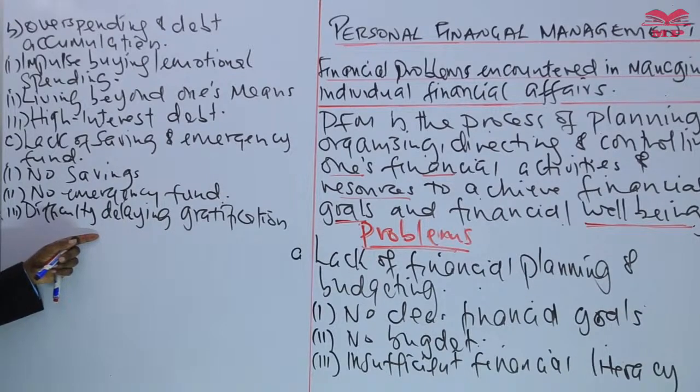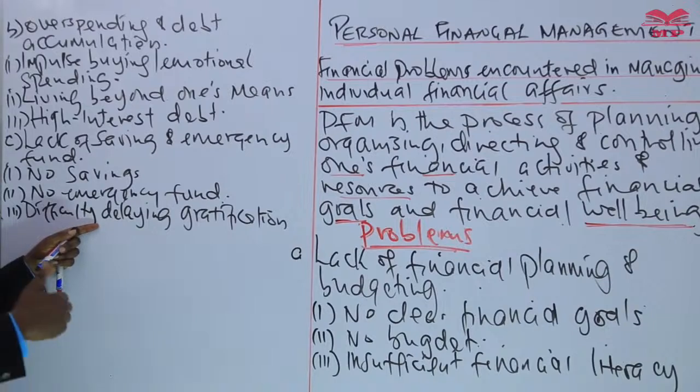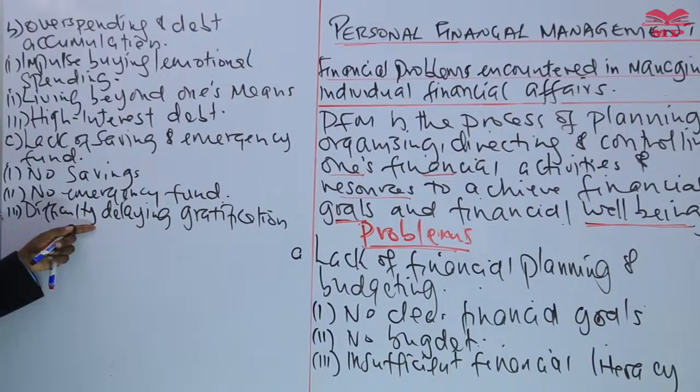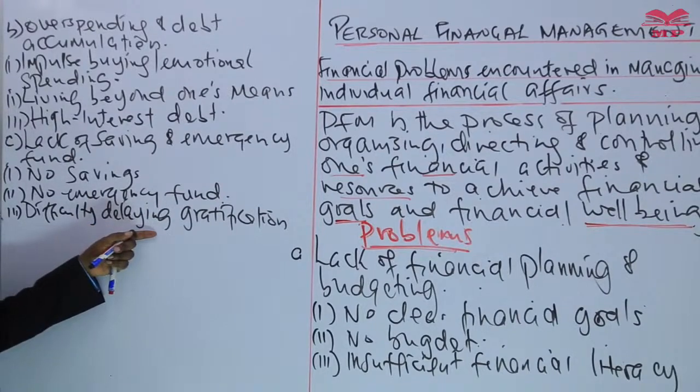We've seen individuals in our society who spend all the money to meet current needs. There are people I know who can spend their whole salary on beer because they have to gratify the need for getting high or getting drunk.